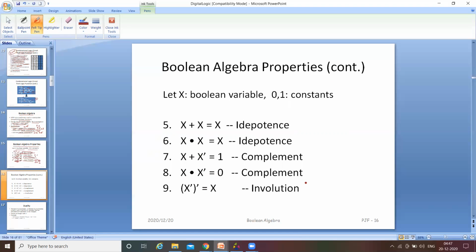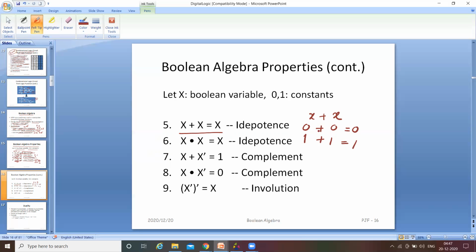Next Boolean property: let x be a variable. x plus x is equal to x. See here, x is a binary variable, it may be 0 or 1. 0 plus 0 is equal to 0. If it is 1, 1 plus 1 is equal to 1.